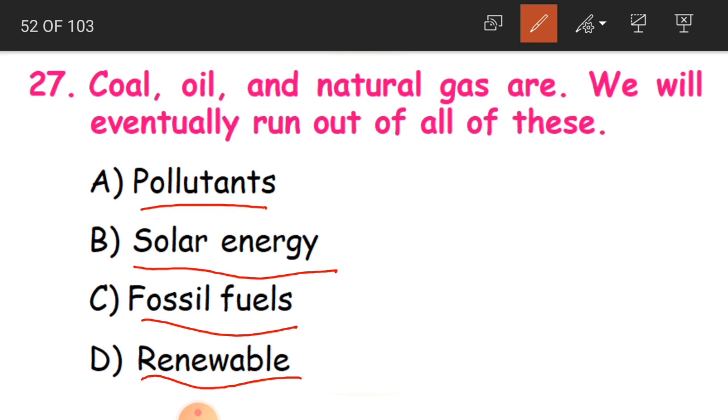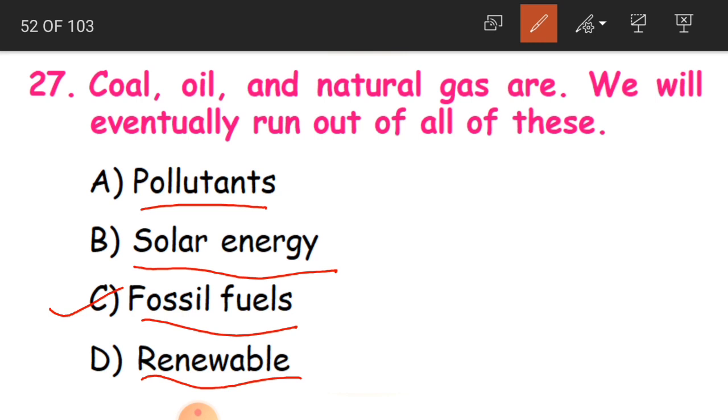And the answer is, children, it is fossil fuels. Coal, oil, and natural gas, as we learned, are the fuels made by fossils, in the sense, the dead and decayed remains of the animals, no, under the ground, under the surface of the earth.